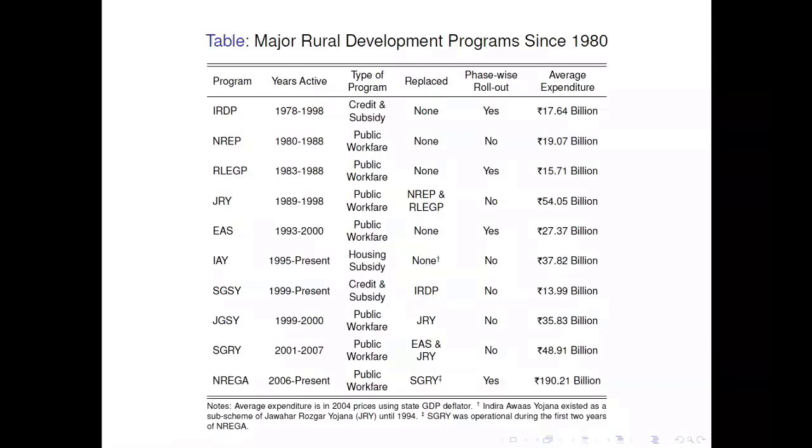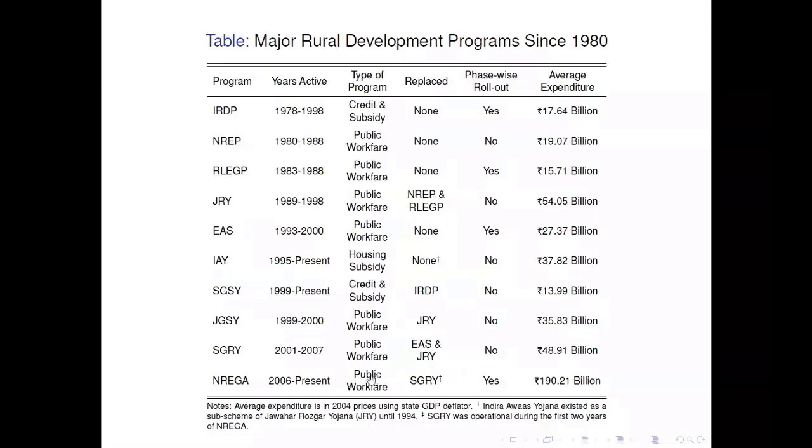These are the programs that we consider. You don't have to bother about the acronyms, but essentially this is the program name. This shows the years when a program was active, and the type of program, whether it was a credit or a subsidy program or a welfare program. This column shows whether it replaced any previous programs. For example, when JRY was introduced in 1989, it replaced two previous programs, NREP and RLEGP.